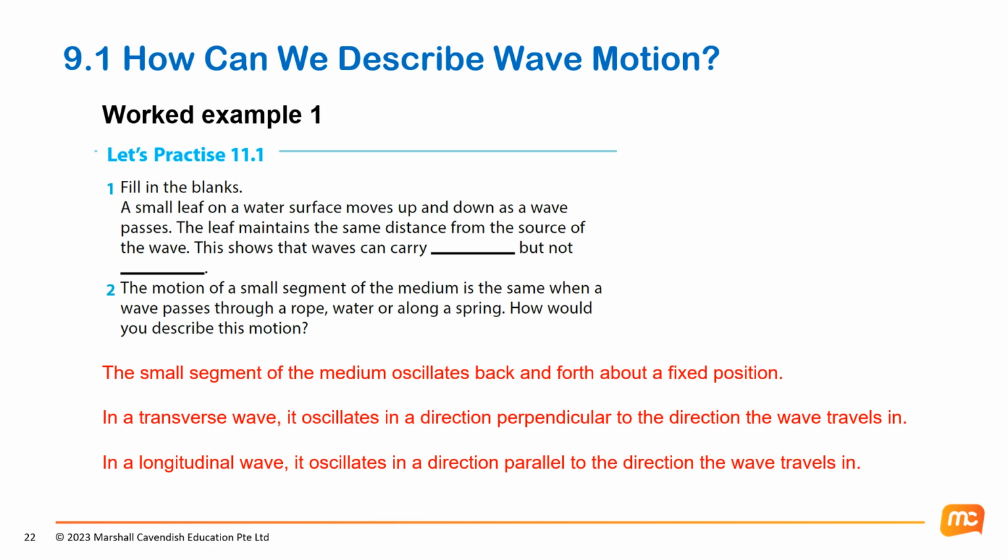For a longitudinal wave, it oscillates in a direction parallel to the direction of the wave travel, meaning that in the spring, as the wave travels from left to right, the individual loops in the spring, or the particles in the spring, actually travel left and right. You might also be familiar with sound being a wave, and sound is a longitudinal wave, meaning that the particles of air actually oscillate in the same direction that sound travels.